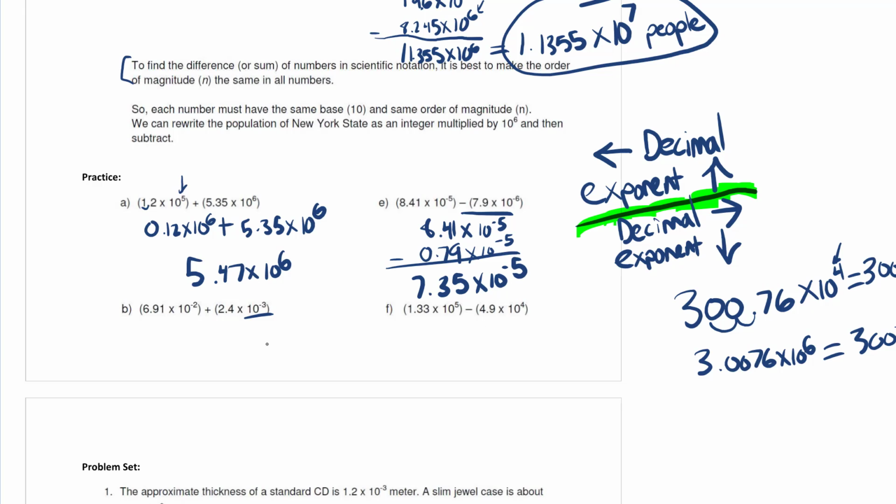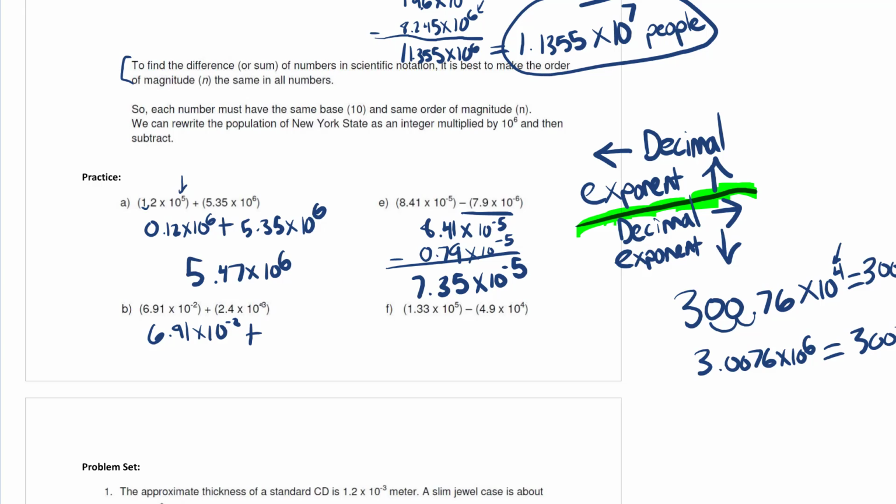And we're done. Same thing here, except now we're going to convert, since we're adding, to the bigger magnitude, so we're going to convert to 10 to the negative 2, because 10 to the negative 2 is bigger than 10 to the negative 3, as far as magnitude here. Okay, so we have 6.91 times 10 to the negative 2, plus, how do we convert this to a negative 2?